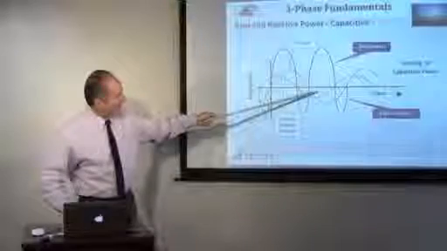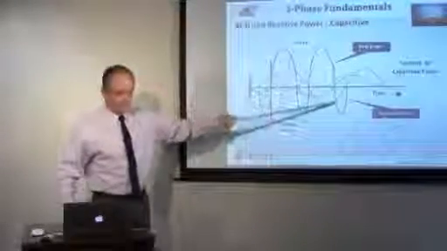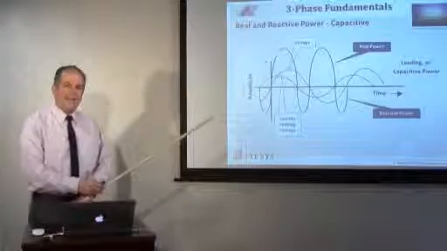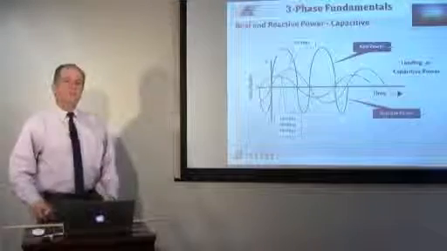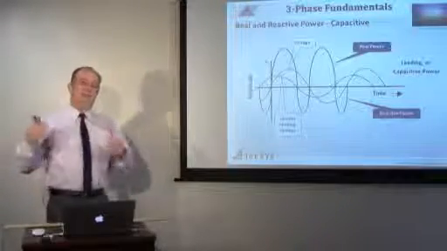And here we have negative times a negative, which is a positive. And we go on. The idea here is if we can put enough capacitors on a lagging system, we can zero out the phase angle between leading and lagging to allow power to equal voltage times current.